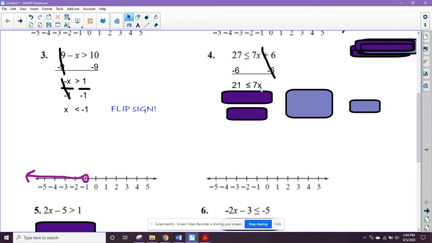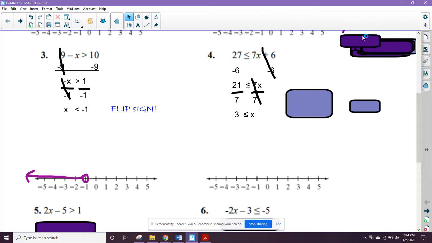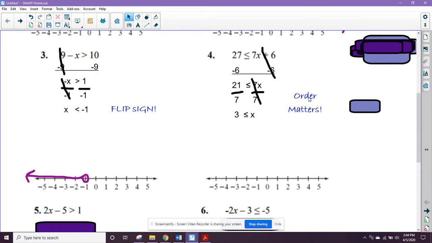Now we have 7x. How do we get rid of the 7? This is multiplication, so we divide both sides by 7. When we divide both sides by 7, our 7's cancel out, and 21 divided by 7 is 3. Here we have 3 is less than or equal to x. We cannot forget order matters.